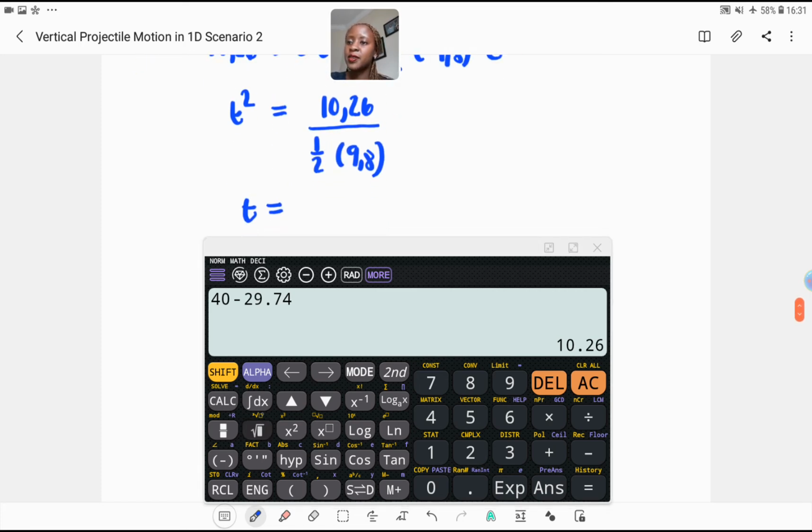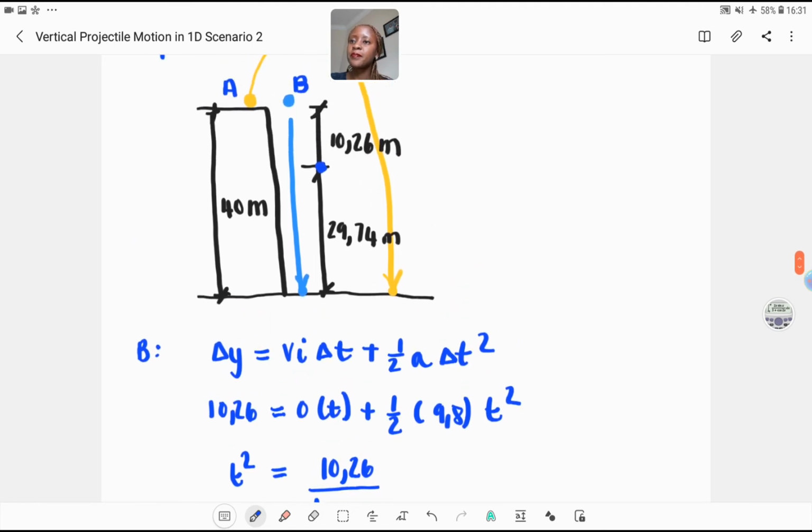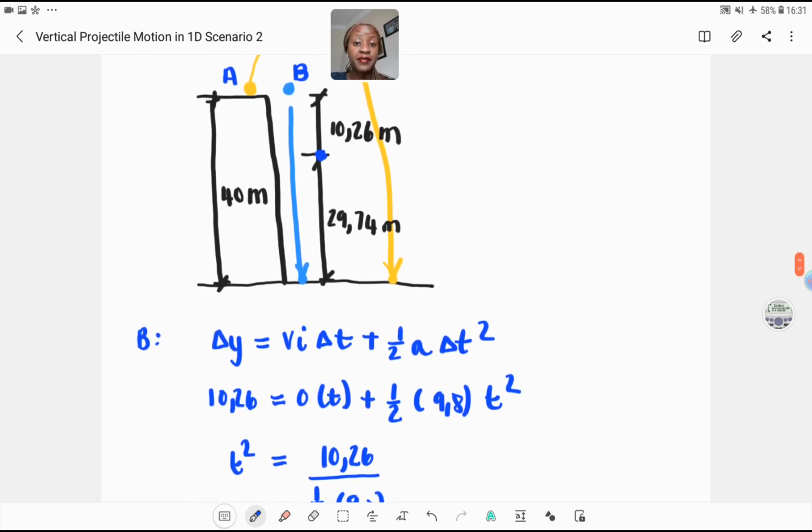The root of 10.26 all over 0.5 times 9.8. Our answer is 1.45 seconds, rounding off to 2 decimal places. So we know that stone B reached that point at 1.45 seconds.